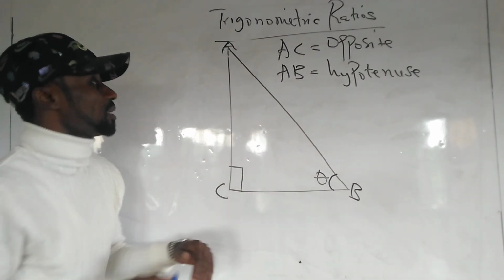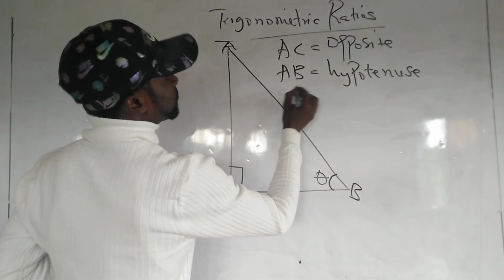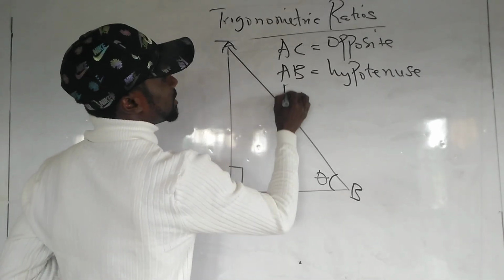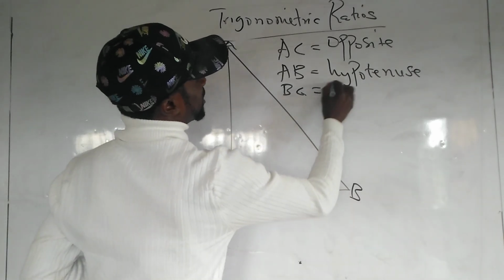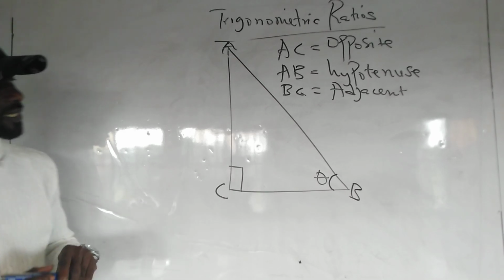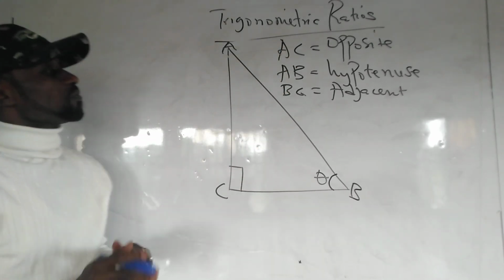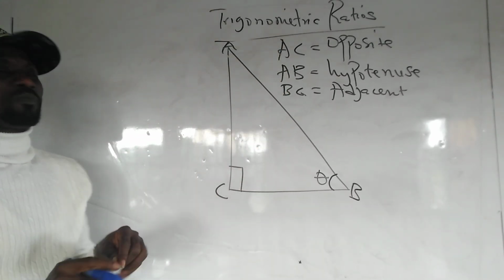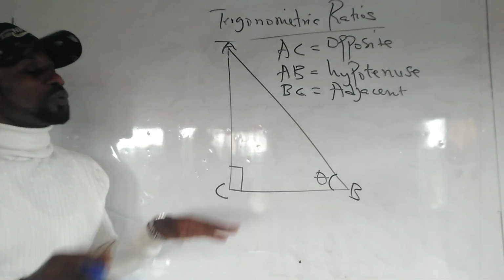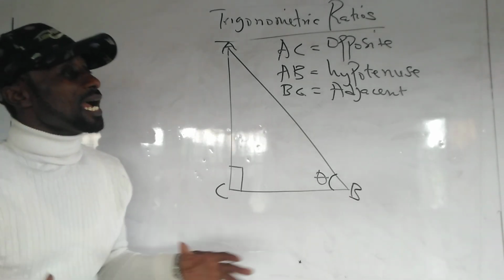Then CB, being the last side, or rather you can say BC, is called adjacent. So with this, you can truly define a trigonometric ratio of an angle.